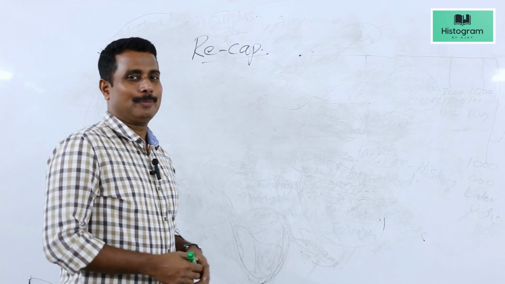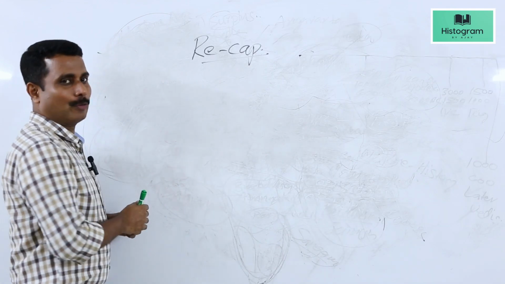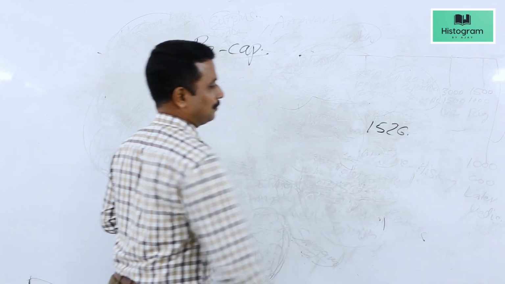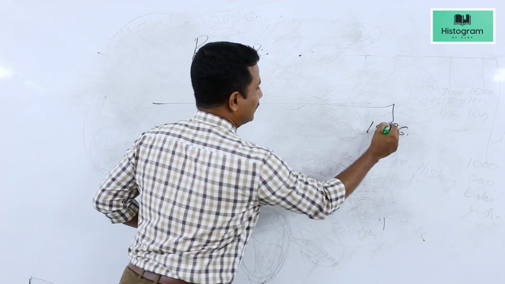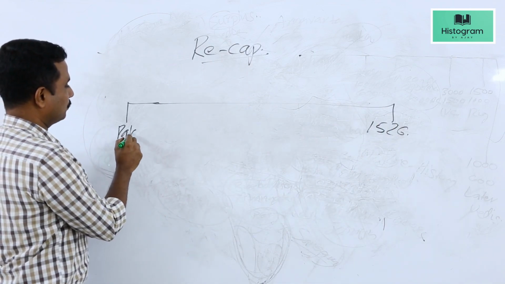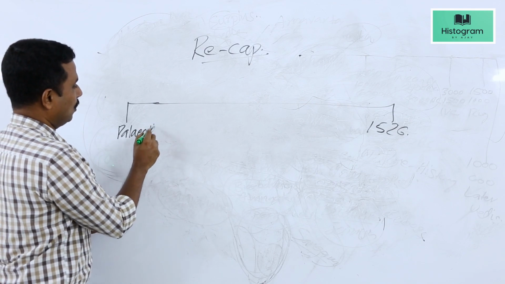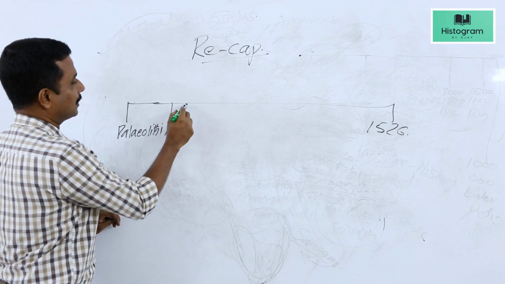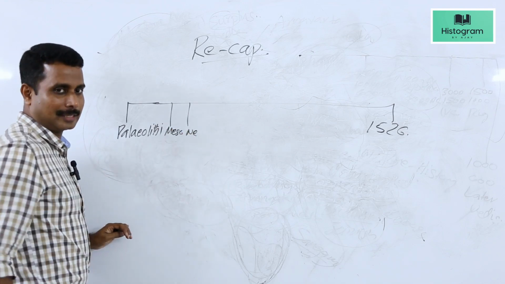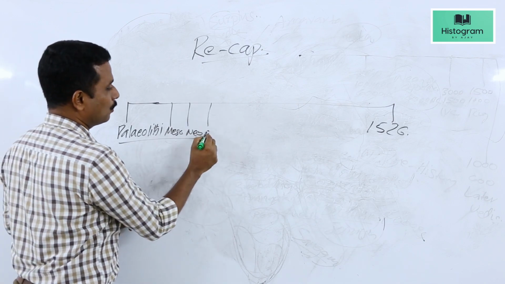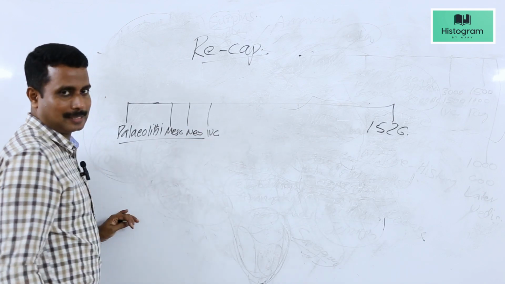We'll go for a recap now from the beginning of our discussion up to 1526. So this is the time scale, and this I told you: Paleolithic, next was Mesolithic, next was Neolithic. So three lithic stages. Next was the Indus Valley civilization.